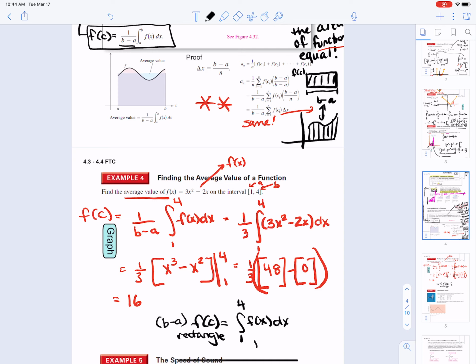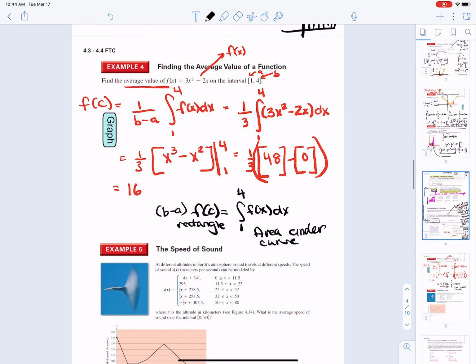So this is the area under the curve, and this is the area of the rectangle. So we're finding the rectangle that makes these areas the same. So this is the average value of the function.